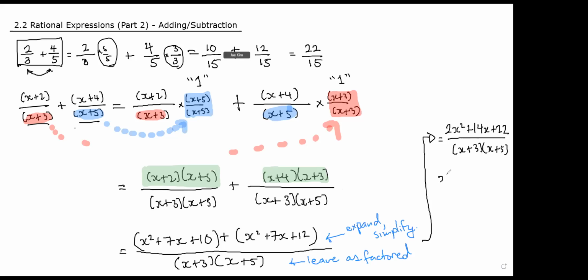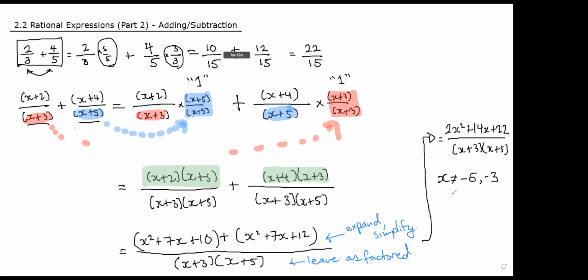And lastly, don't ever forget when we're doing rational expressions, go to the original equation. The denominator can't be zero, so we have x not equal to -3 and -5 as my restrictions. I'll give you a quick second to copy this and chew on it and ask some questions.